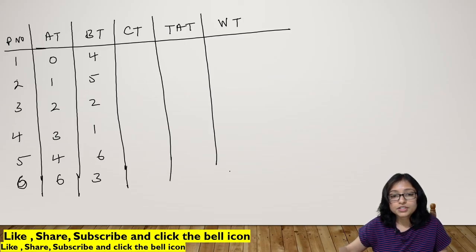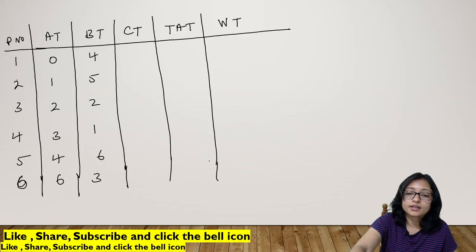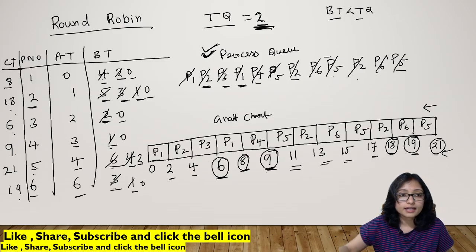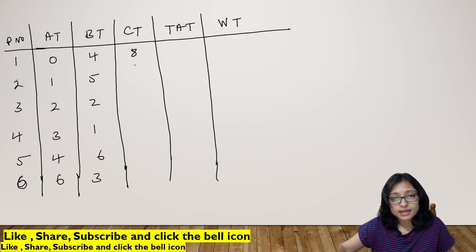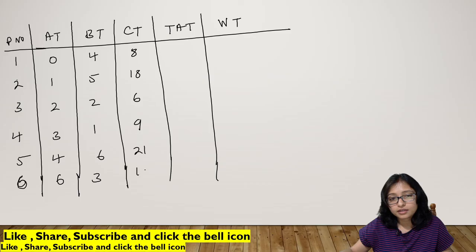So your completion time was coming from here, that we did, 8 18 6 9 21 19. That is what I am writing here.